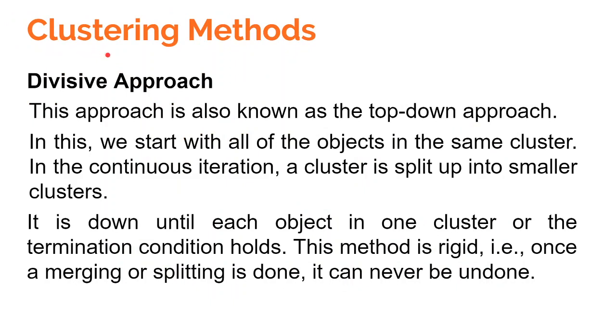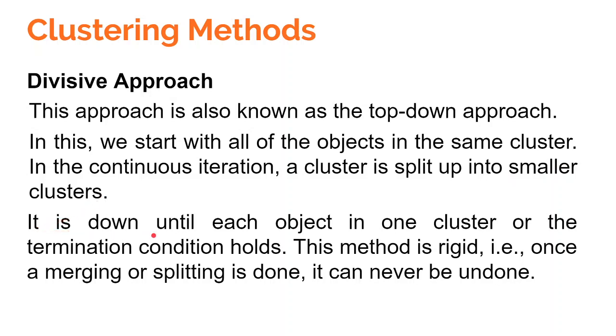Next hierarchical clustering approach is divisive approach. This approach is also known as top-down approach. In this approach, we start with all of the objects in the same cluster. In continuous iteration, a cluster is split up into smaller clusters.